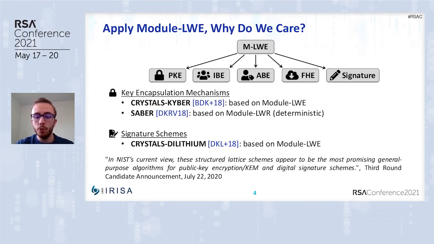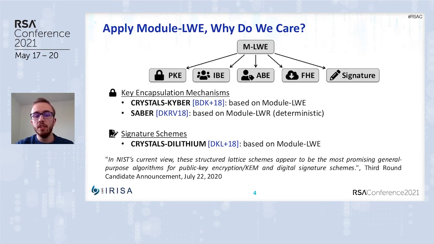So much so that 3 of the third round finalists in the NIST competition use it as their hardness assumption. Crystals-Kyber, for example, bases its security directly on the hardness of Module-LWE, while the key encapsulation mechanism Saber is based on module learning with rounding, which is a deterministic variant of MLWE.